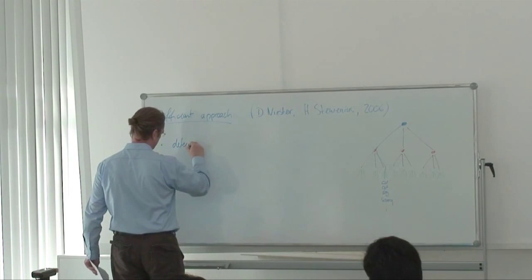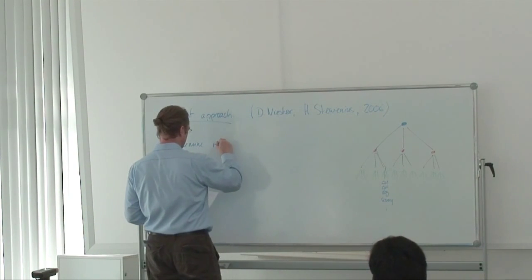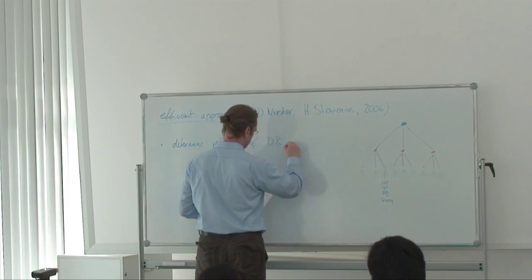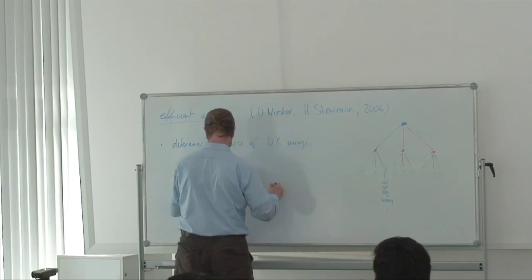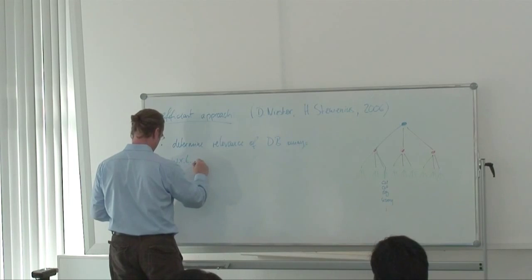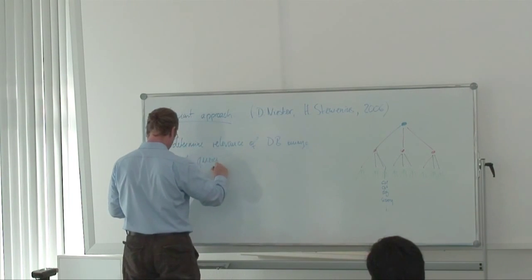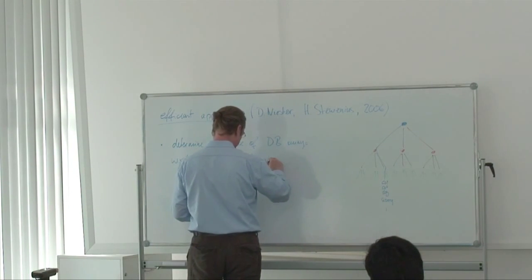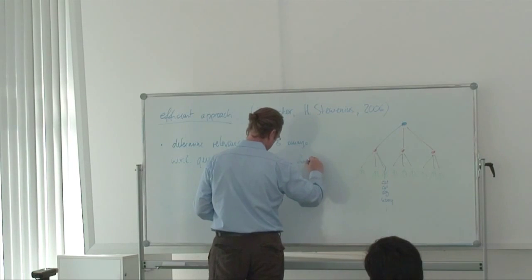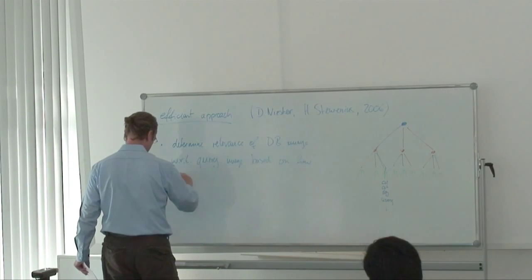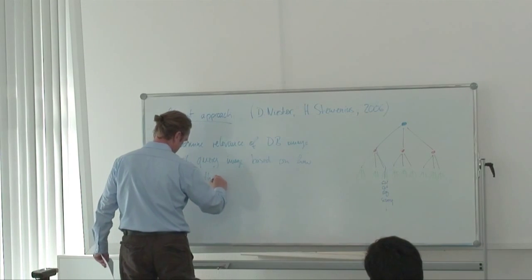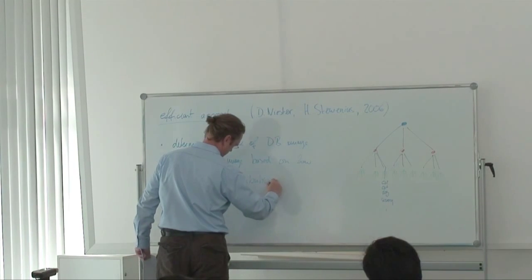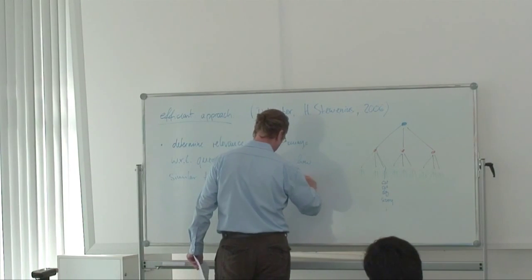So determine the relevance of a database image with respect to the query image based on how similar their distributions of leaf nodes are.